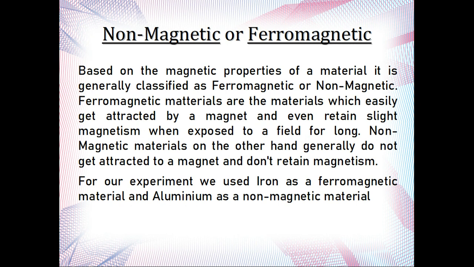And non-magnetic materials are the ones which generally do not get attracted to the magnets and do not retain magnetism for a long time. For our experiment purposes, we used iron as the ferromagnetic material and aluminium as a non-magnetic material.